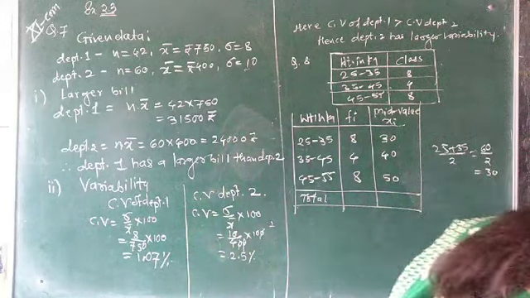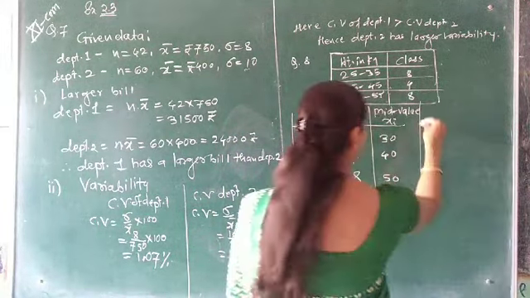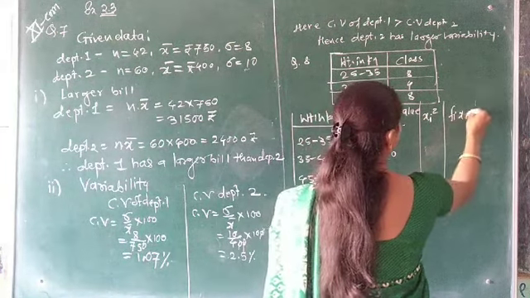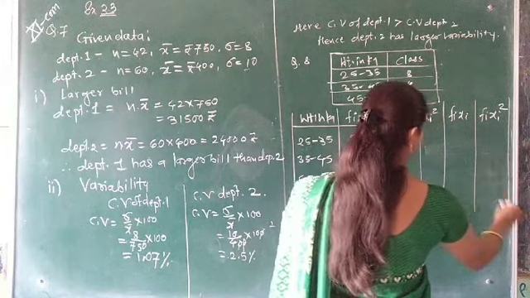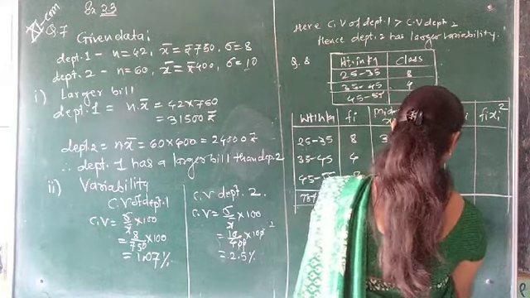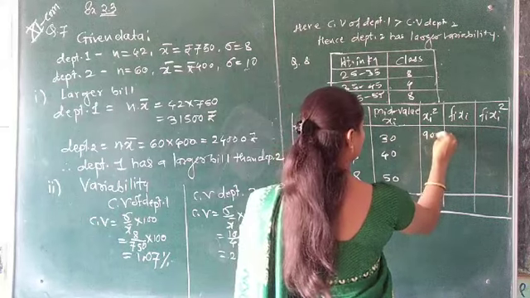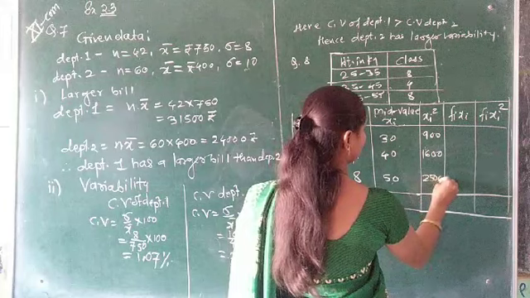Now take the next column: Xi square. Next one Fi into Xi, and last one is Fi Xi square. Xi square, that is 30 square, 900, 40 square, 1600, and this one, that is 2500.